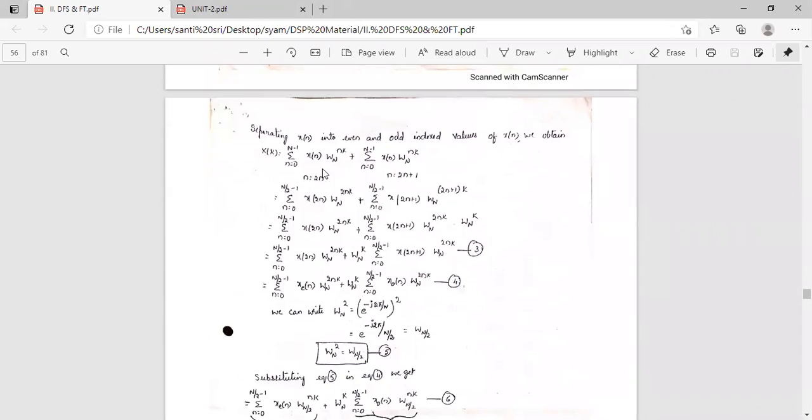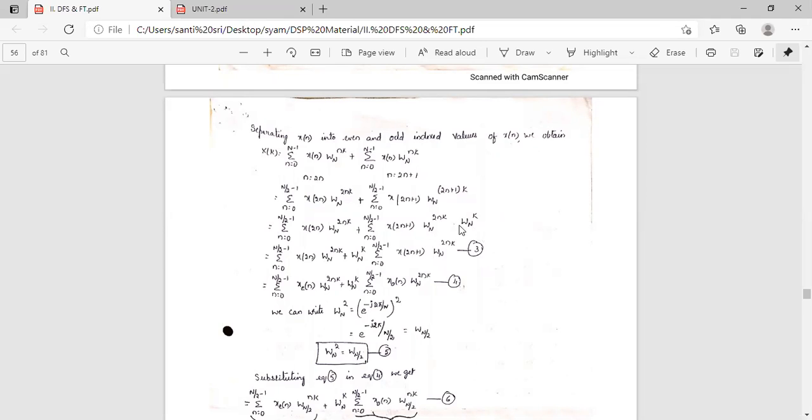Replacing n by 2n and by 2n plus 1, it becomes sigma n equal to 0 to N by 2 minus 1 x of 2n into W N power 2nk, plus sigma n equal to 0 to N by 2 minus 1 x of 2n plus 1 into W N power (2n plus 1) k. This can be written as sigma n equal to 0 to N by 2 minus 1 x of 2n into W N power 2nk, plus sigma n equal to 0 to N by 2 minus 1 x of 2n plus 1 into W N power 2nk into W N power k.